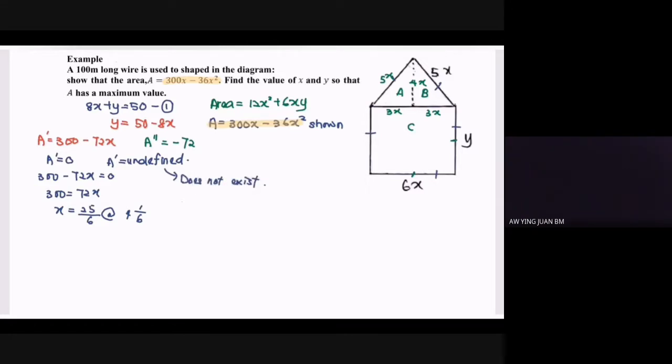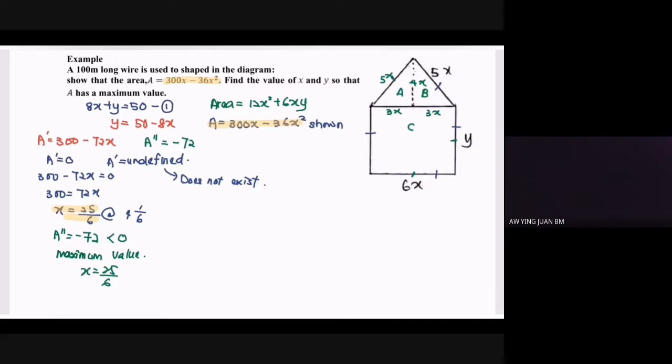So here we have the value of x. Next, verify the value of x so that it is a maximum value. Kindly refer to the second derivative equals to negative 72, where negative 72 is less than 0, so it is a maximum value when x is equal to 25 over 6.